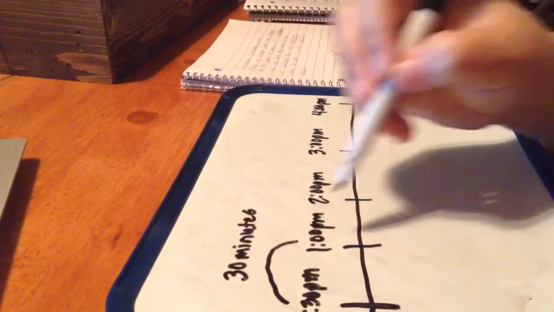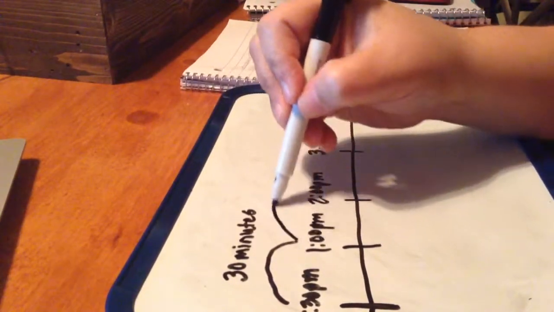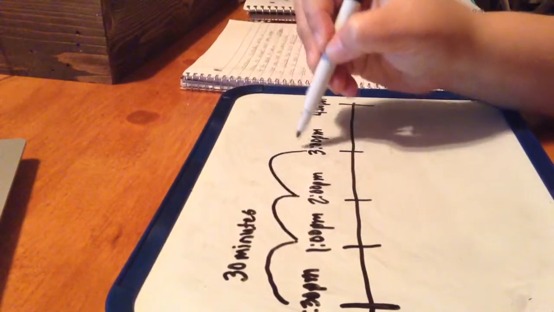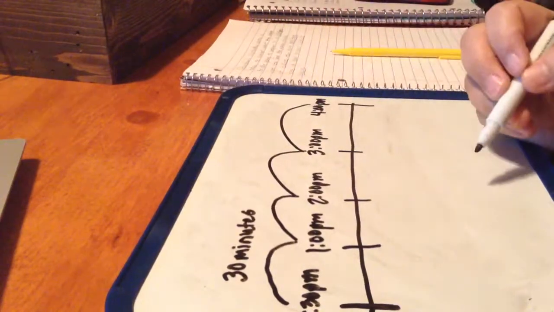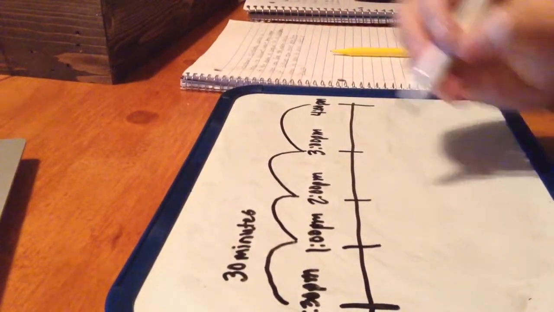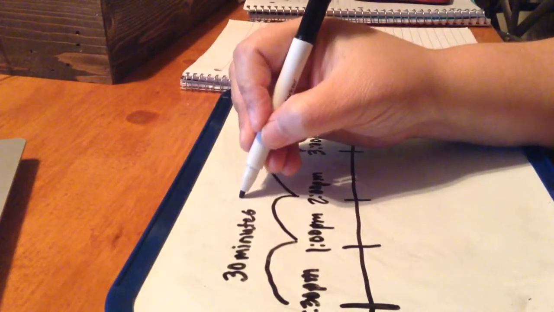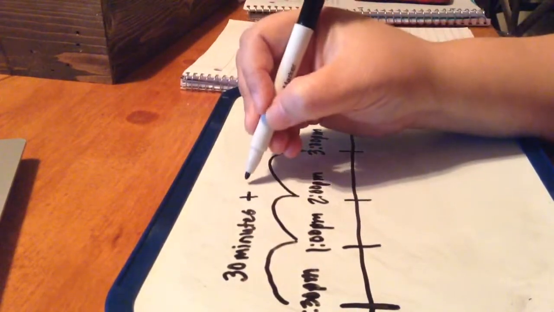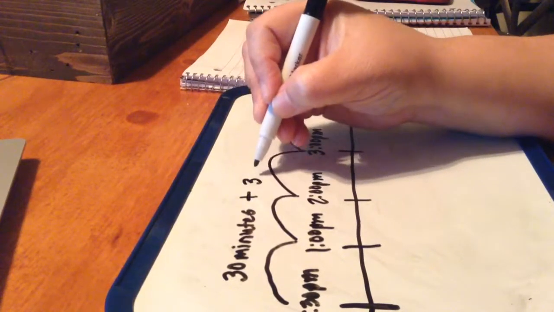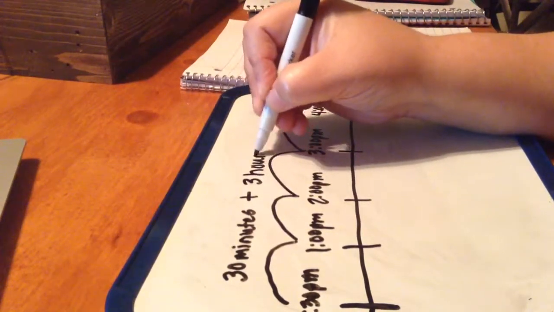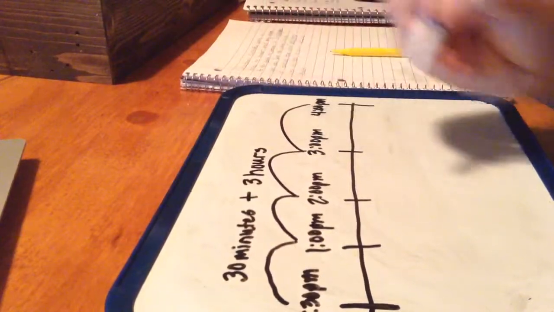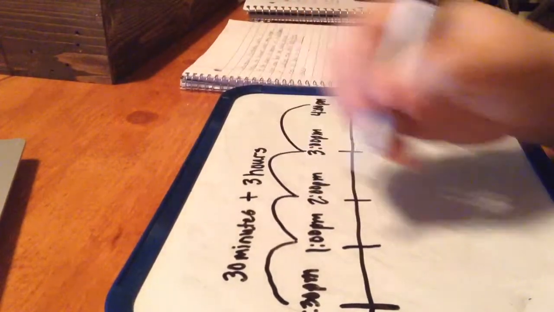How many jumps are we going to do? Now, let's begin with the 1. So it's 1 jump, 2 jumps, 3 jumps to get us to 4 o'clock. So it's 30 minutes plus 3 hours. And what is our elapsed time going to be?